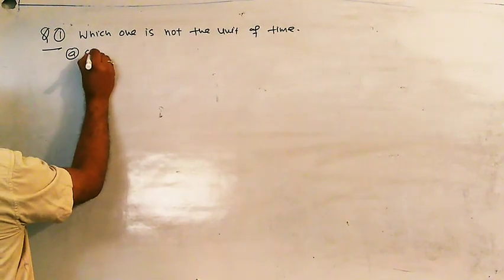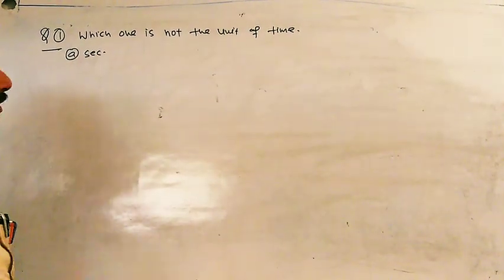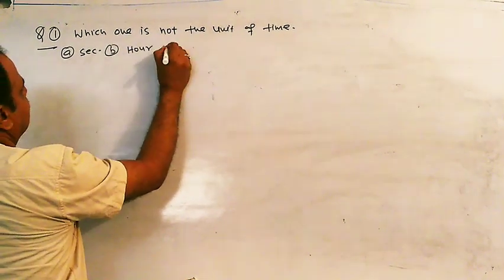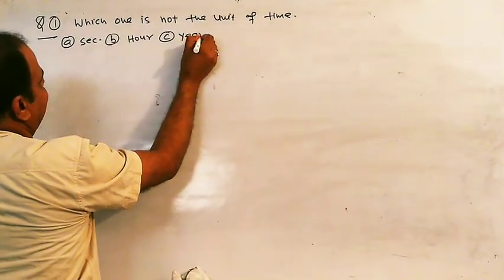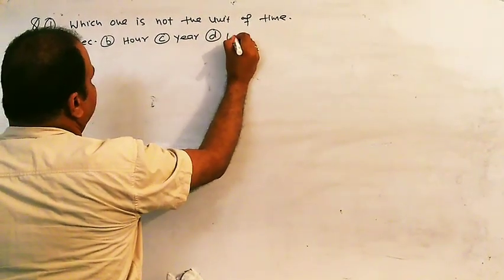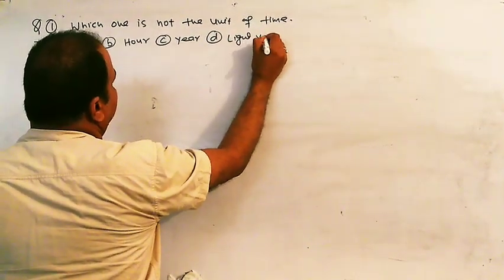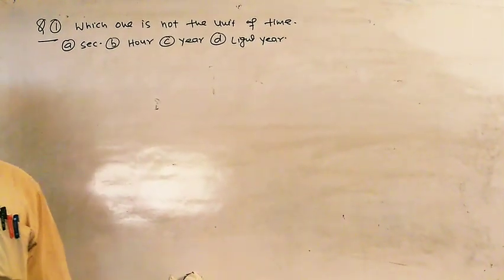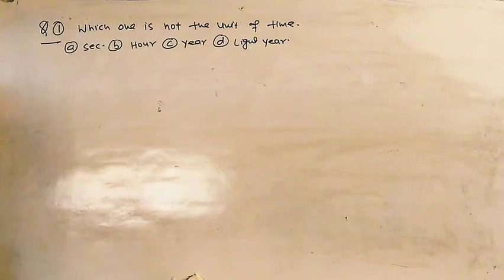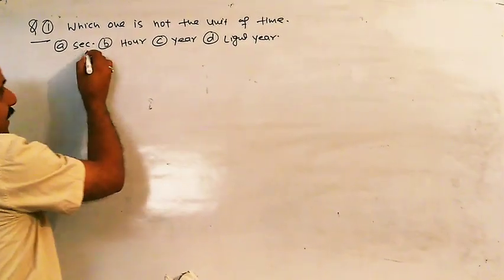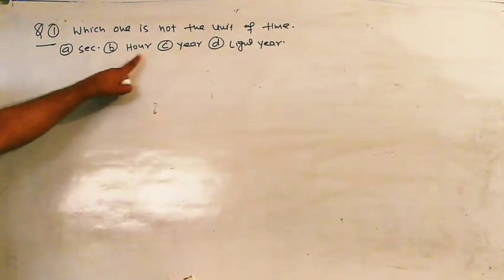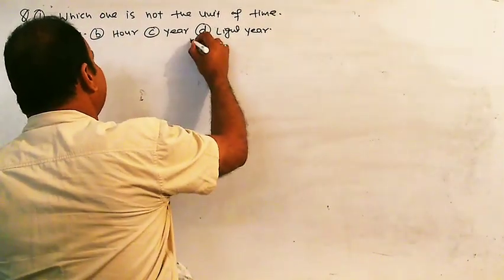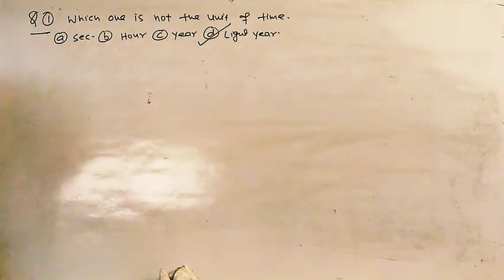Number A, second. Number B, hour. Number C, year. Number D, light year. This is the correct answer. Second is unit of time. Hour is also unit of time. Year is also unit of time. Light year is unit of distance. It is not the unit of time. Answer is D.